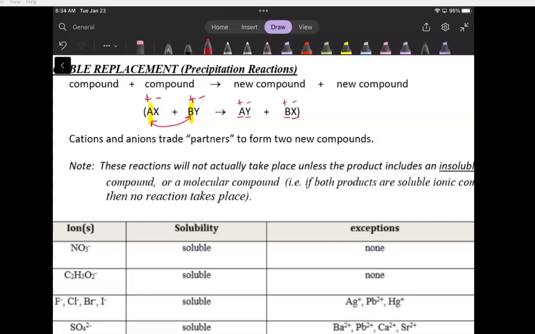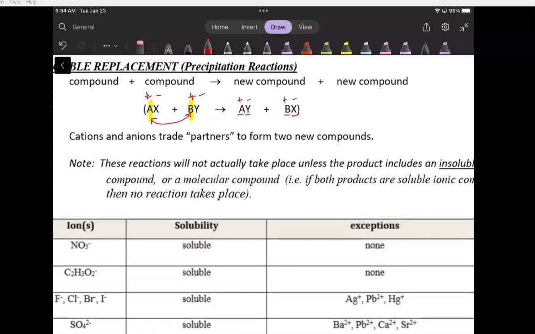Now, the unique thing about this type of reaction is just like single replacement can end up resulting in no reaction, so can double replacement. And here's why. When I have these ions trade places, the two reactants are going to be aqueous, and that just means dissolved in water.